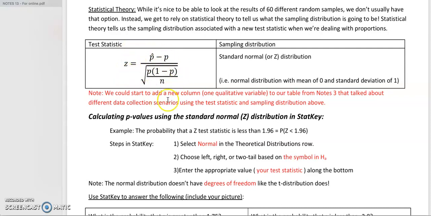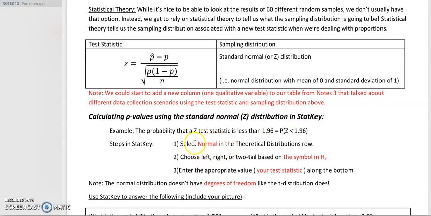And so this is our new test statistic when we're doing a problem about proportions, so when we have qualitative or categorical data. This is the number that we're going to calculate to do a hypothesis test. And so we might look at how we can use this standard normal distribution to get, say, a p-value. And you're going to see that it's very similar to what we did before. We can still use StatKey.